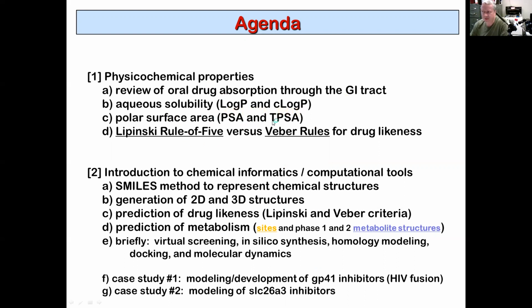Polar surface area, PSA, and TPSA, which is topological polar surface area, are another measure of basically the polarity of a drug, and that's a big deal when it comes to drug likeness. And then we're going to talk about something called the Lipinski Rule of 5, which is an easy guideline for drug likeness, to see if a molecule is drug-like.